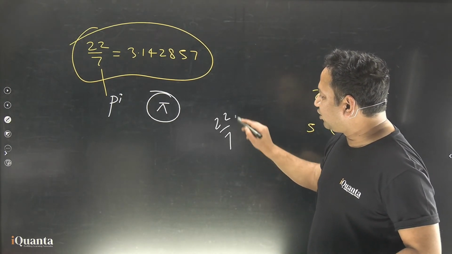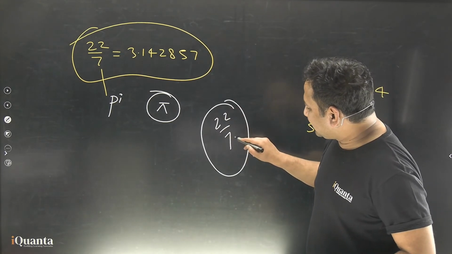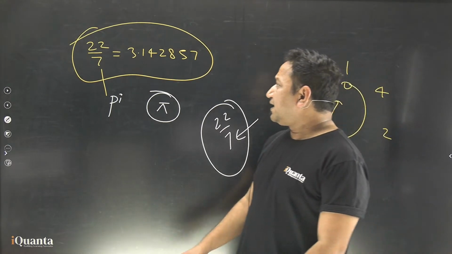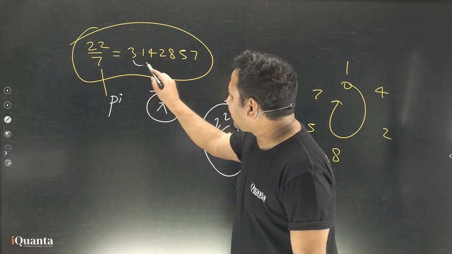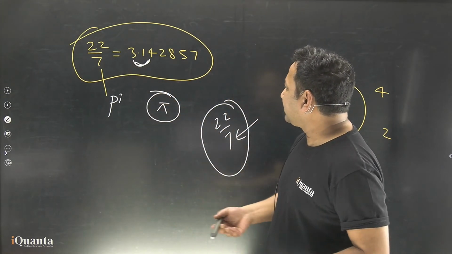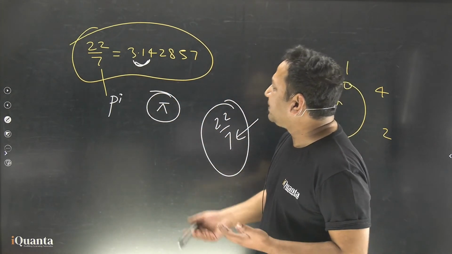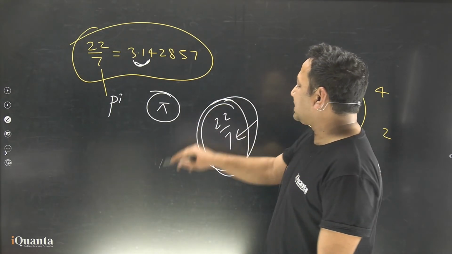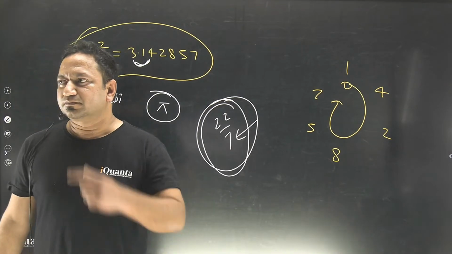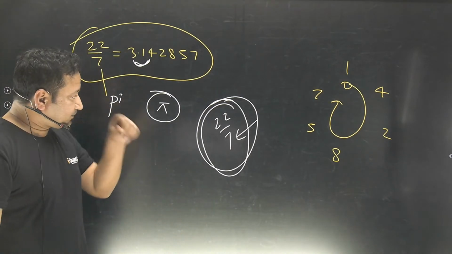So 7 is the number which behaves like this, and the first 3 digits of pi, real pi, are similar to 22 by 7. That is why we say that pi is approximately 22 by 7. Got it? Is that clear?